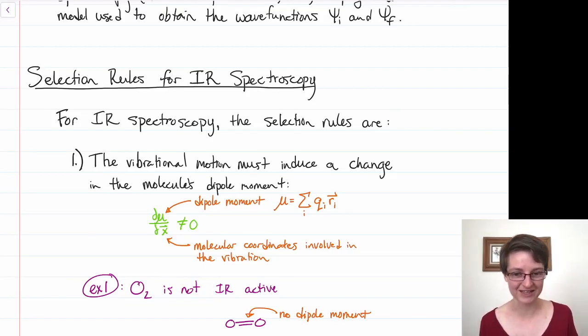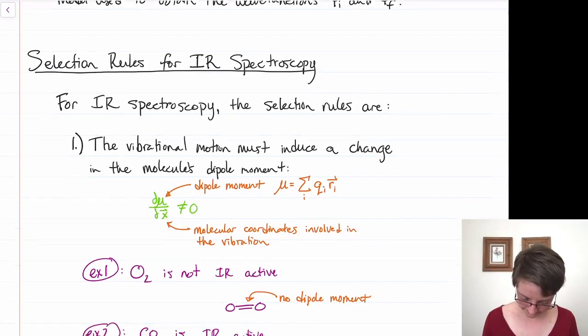The way that we can understand this is that because there's no electronegativity difference between the two oxygen atoms, there's no dipole moment. And it doesn't matter how much I stretch or compress this oxygen molecule, there will never be a dipole moment in O2. And so you don't see this molecule, and you can't observe it using IR spectroscopy.